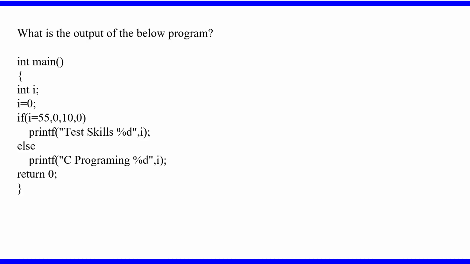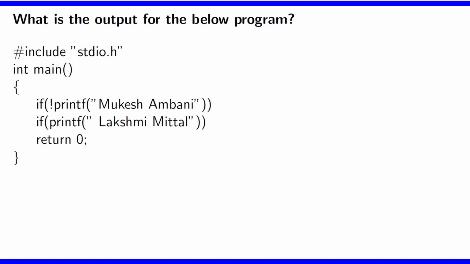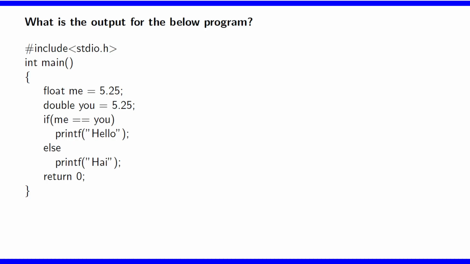Now I will come to some important questions. Please see this question and just guess the answer. Based on that, we can decide. Float 5.25, double 5.25. If both the values are equal, it is high, otherwise hello.